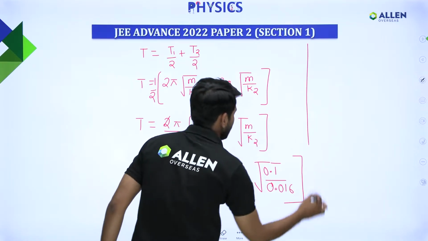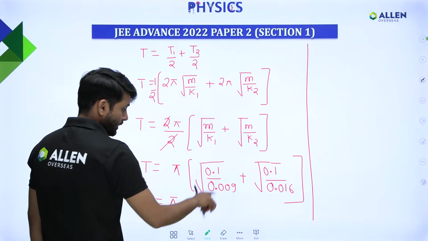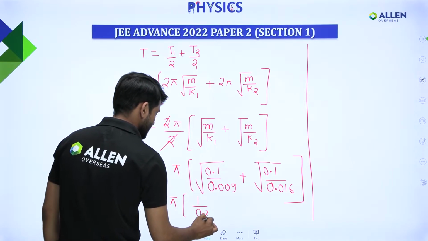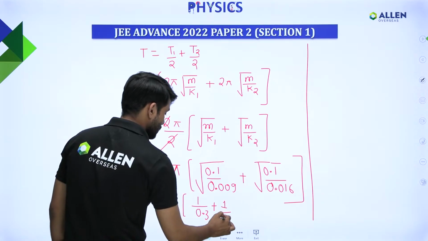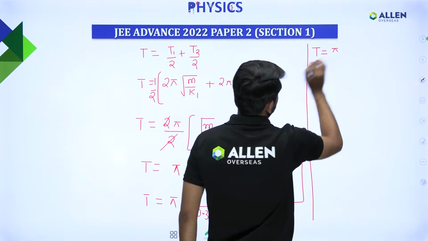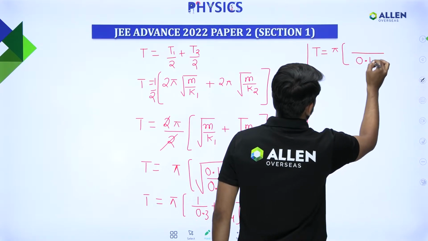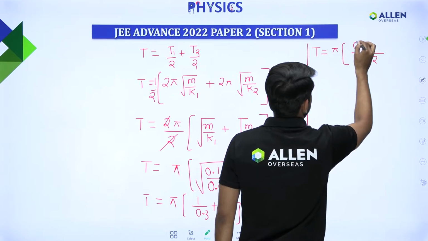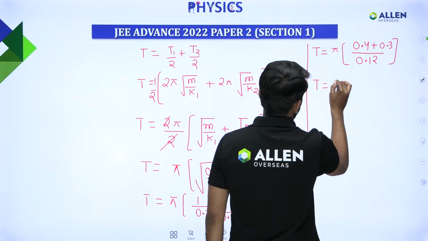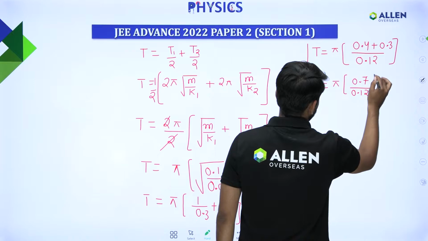Now on solving, T is equal to pi times under root 1 upon 0.09 plus 1 upon 0.16, which is 1 upon 0.3 plus 1 upon 0.4. The LCM is 0.12, so 0.4 plus 0.3, and T is pi times 0.7 divided by 0.12.